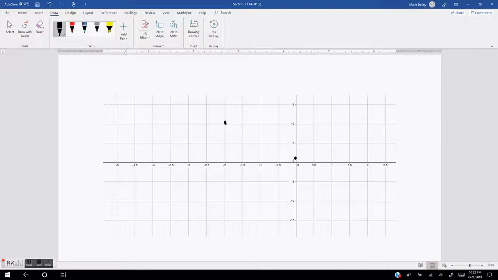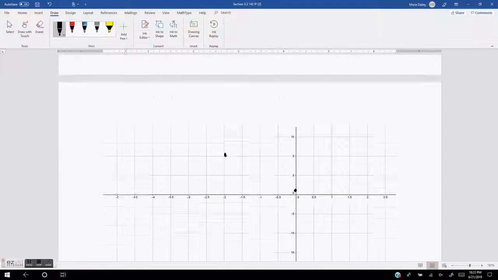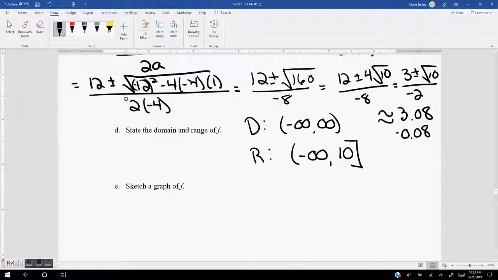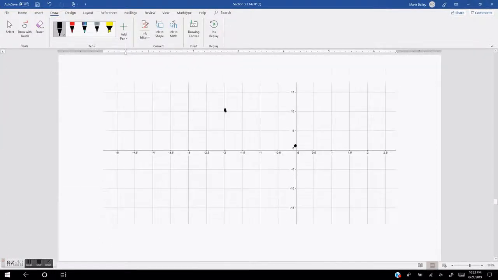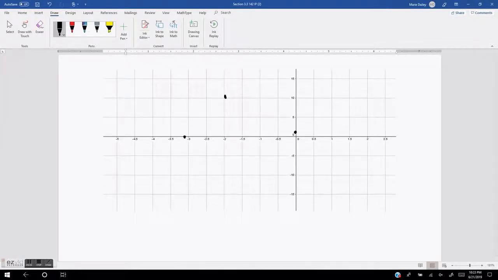Okay. Oh, silly me, I dropped the negative sign. That should be a negative 0.38. Watch those signs. Down there, and about there.